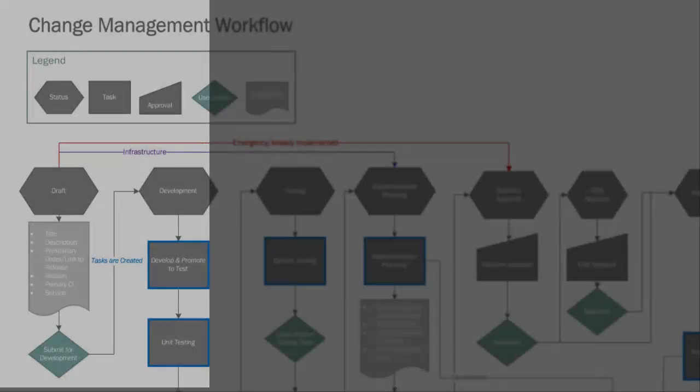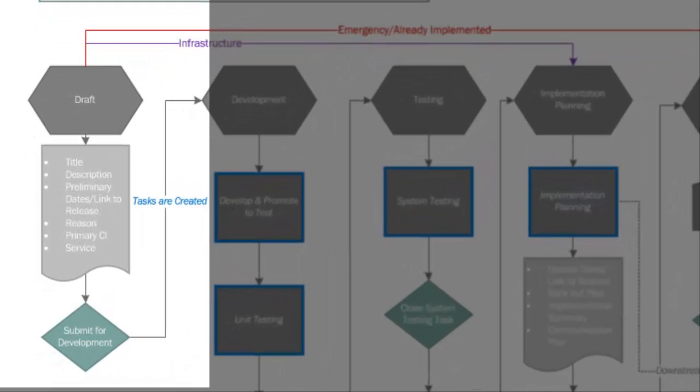During the draft stage, the change owner creates the title, description, primary dates, reason for change, primary CIs are picked, and other items are entered into the Cherwell iTicket system.